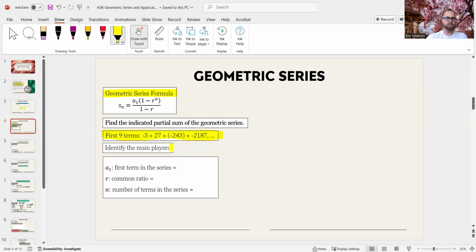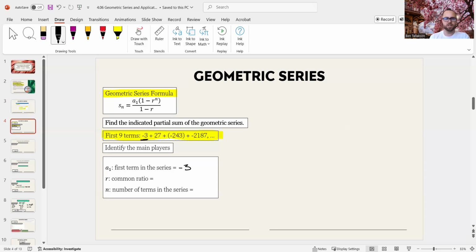And we do that by identifying the main players because that is what's in the geometric series formula. We would hope we can find all 3 of these without needing an explicit rule or anything else. So a sub 1, do we know that? Yes, they showed us the first term in the series, -3.